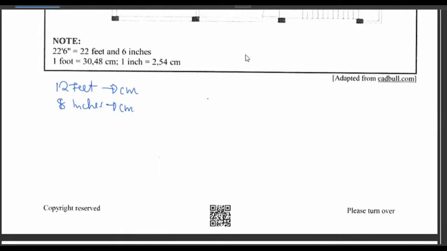Let's say foot, and 1 foot equals this much. We have 12 of them. So 12 times 30,48. The answer you get here will be in centimeters. Sorry, you have 8, not 18. You have 8 inches, so 8 inches times 2,54.